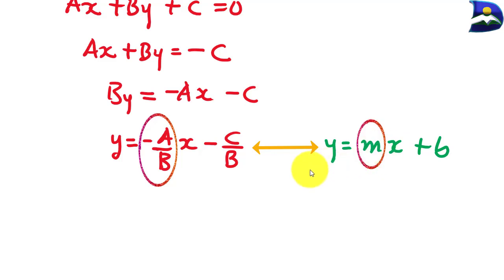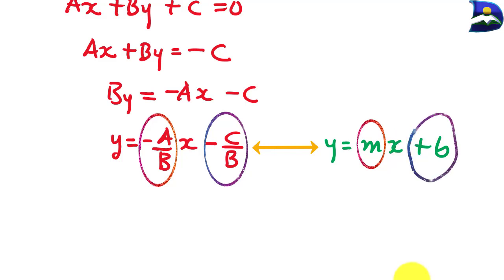On the other hand, we have negative c over b, which is a constant because it is a number divided by a number, which gives a particular constant, and the constant is aligned with our positive b. So this negative c over b represents our positive b.